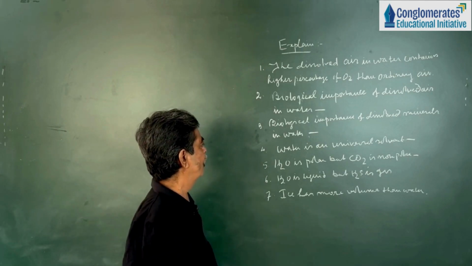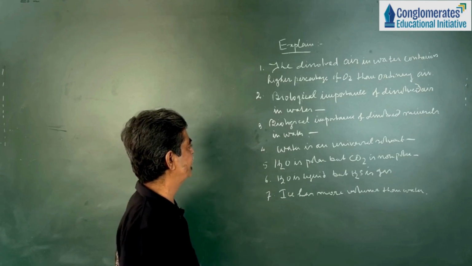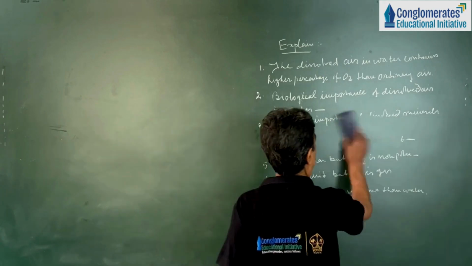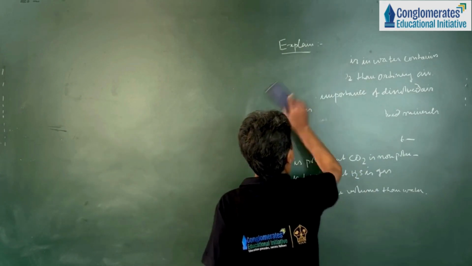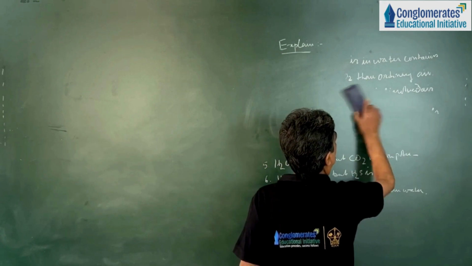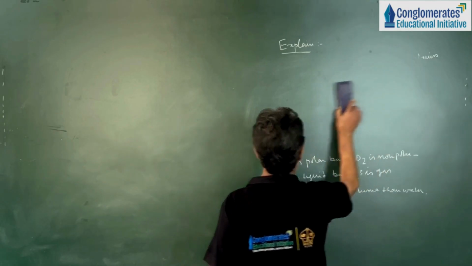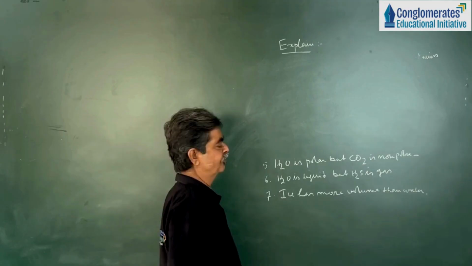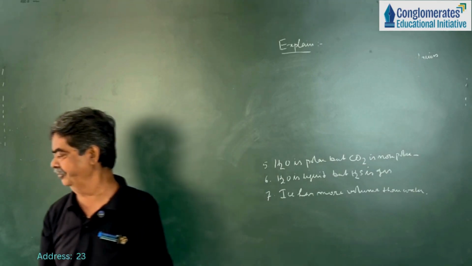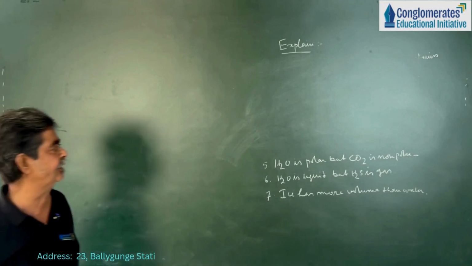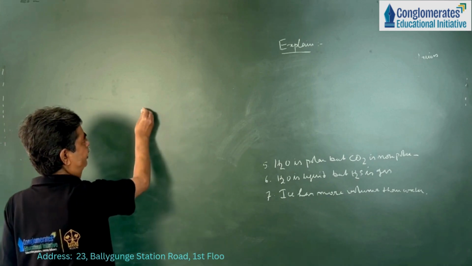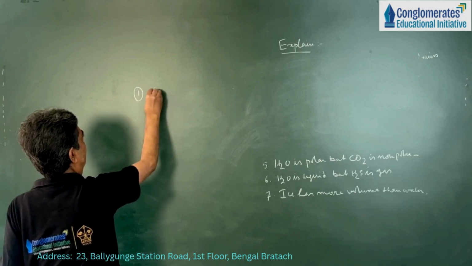Now fifth one, water is polar but carbon dioxide is non-polar. How will I explain? Now to explain, first of all the structure of water.